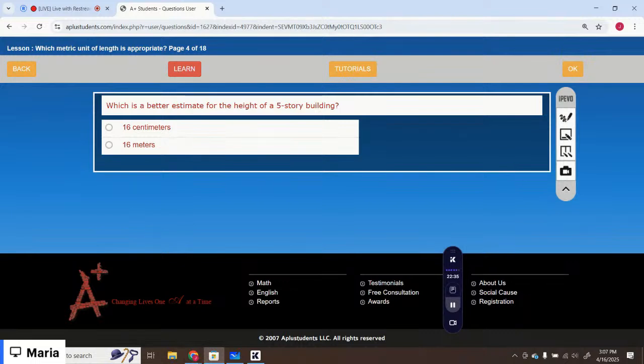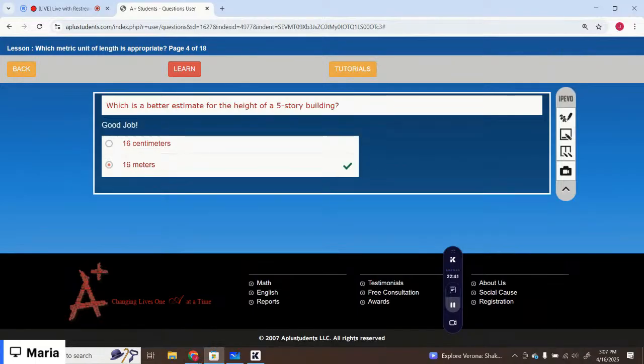That is a 5-story building. Very good. It must be 16 meters. Option number two is the correct option.